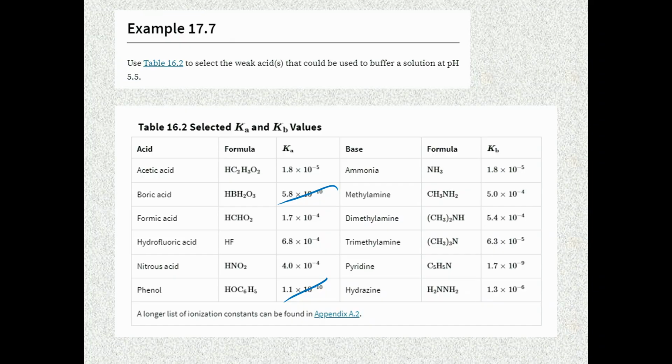I know that my pKa is usually 1 less before the decimal point of what that exponent is. So with an exponent of -5, I expect my pKa to be 4 point something. And we just did it, and it was 4.74. All of these that have -4s are going to be 3 point something.